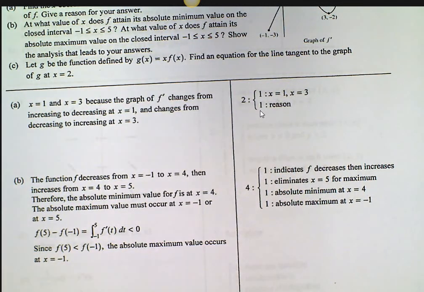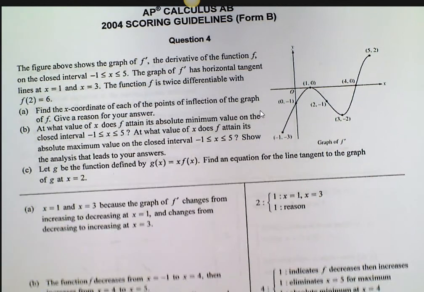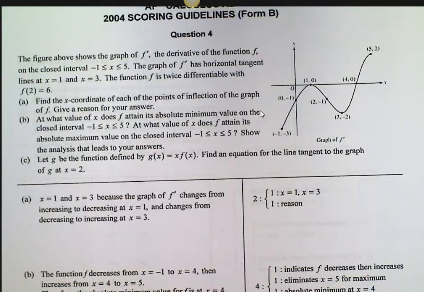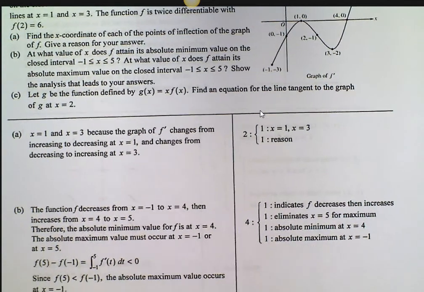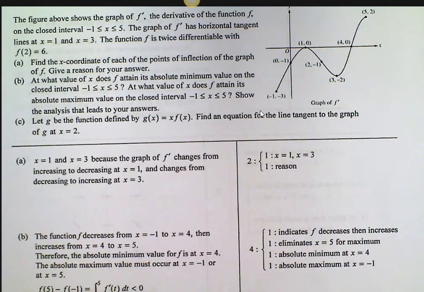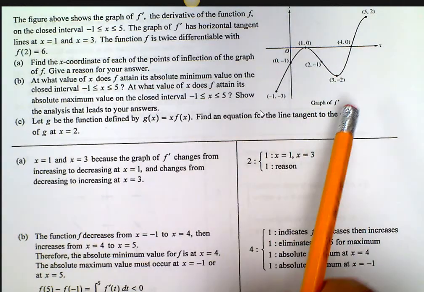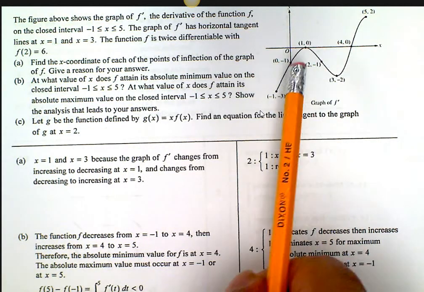So A, x coordinates of points of inflection, and points of inflection occur where the acceleration changes sign. Okay? So what's the acceleration? The derivative, Jose, slope of the velocity. So where does the slope change sign?